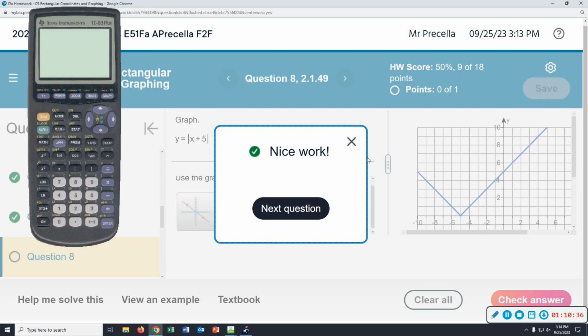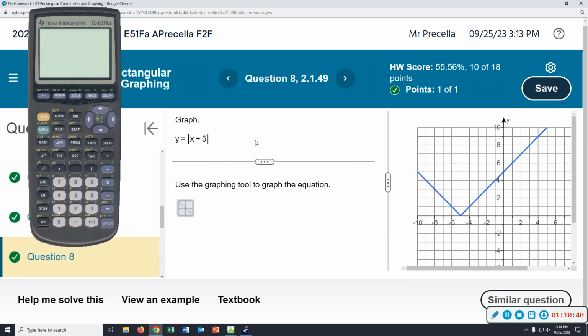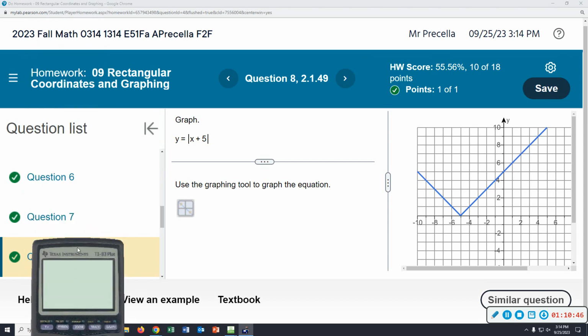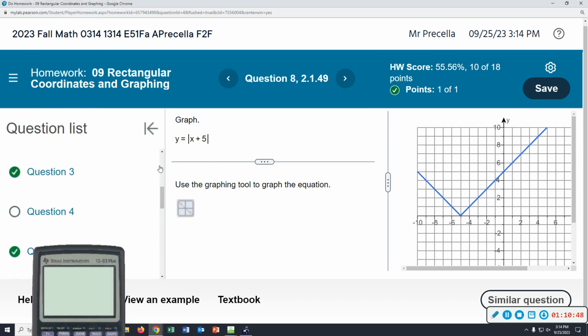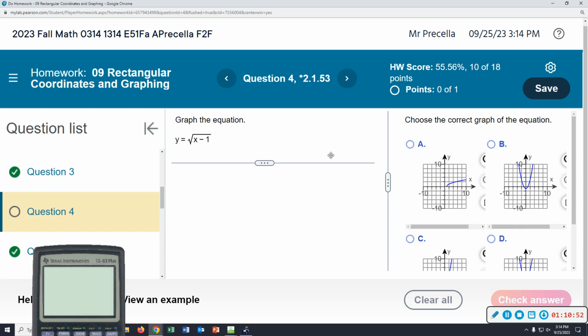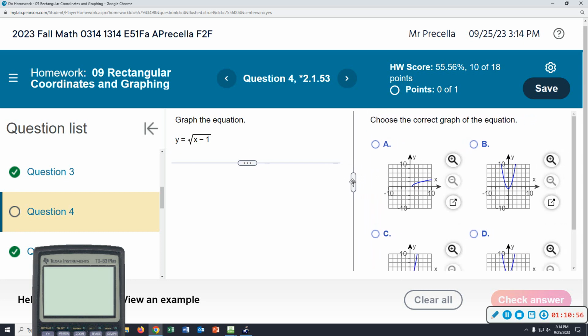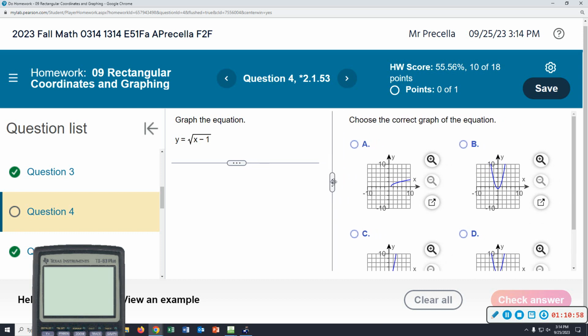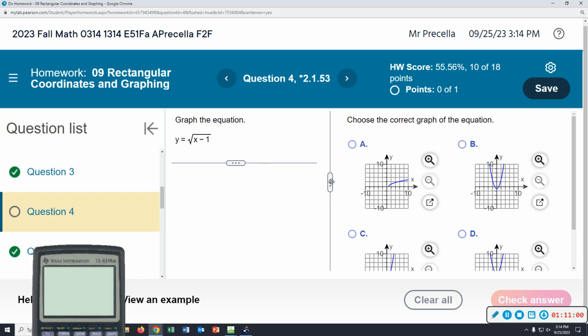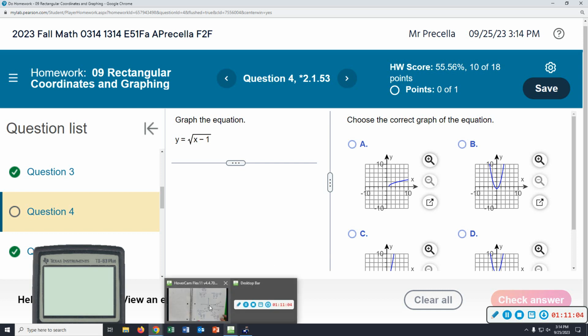Let's see, square roots. That was number 4. Maybe it'd be nice if I'd been numbering along the way to indicate what we were graphing. Let's see.